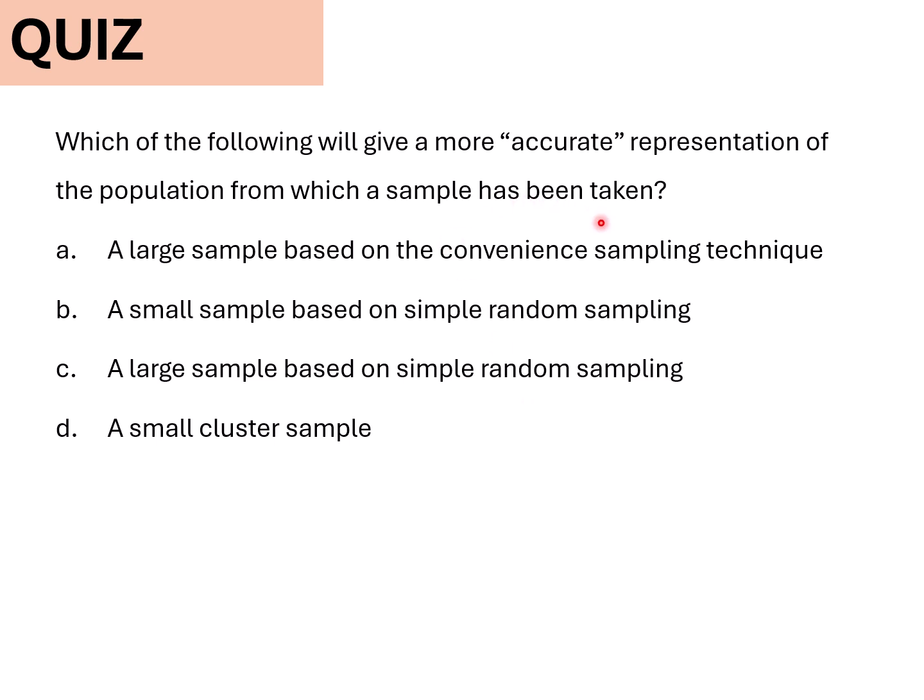Which of the following will give a more accurate representation of the population from which a sample has been taken? A large sample based on the convenience sampling technique, a small sample based on simple random sampling, a large sample based on simple random sampling, or a small cluster sample?